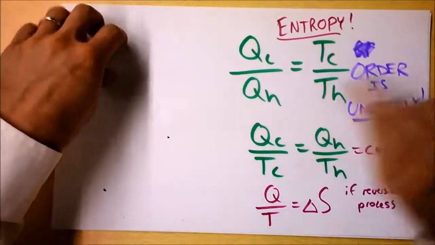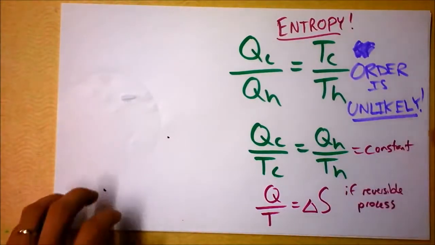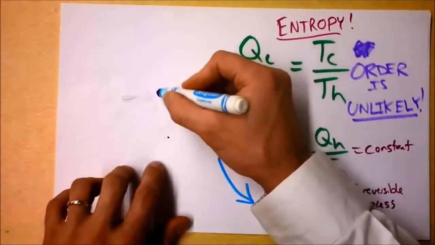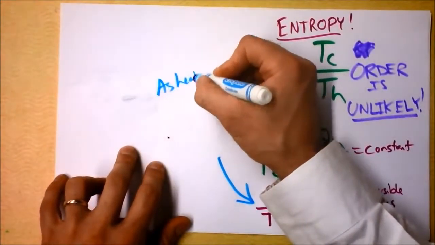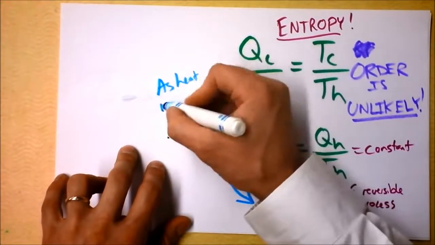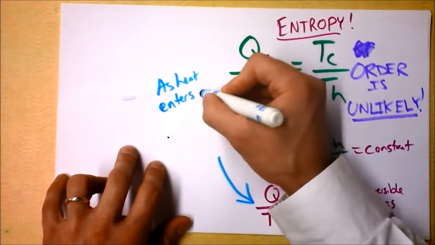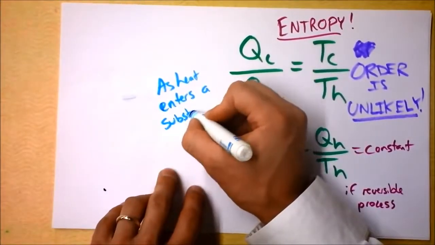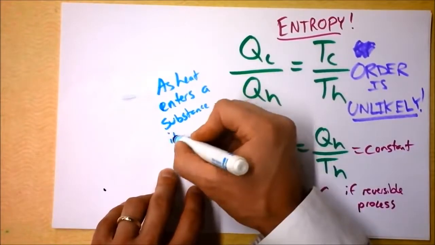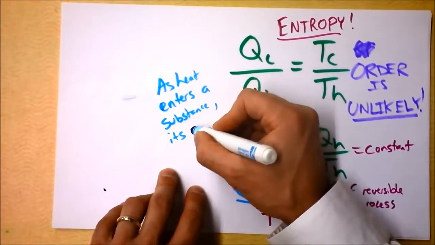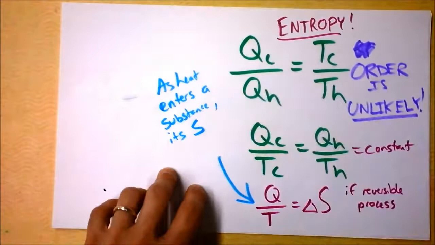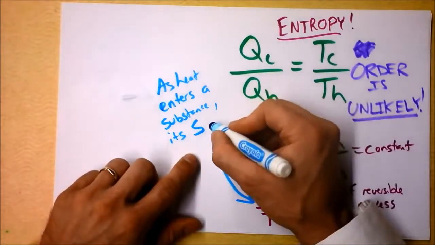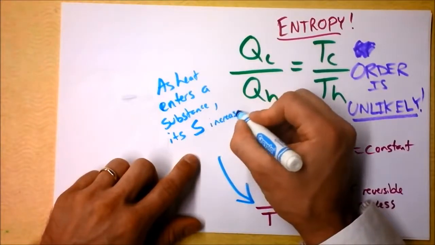So let's look at this definition of entropy a little bit more. What I'm saying is, as heat enters a substance, its entropy, which is S, increases.